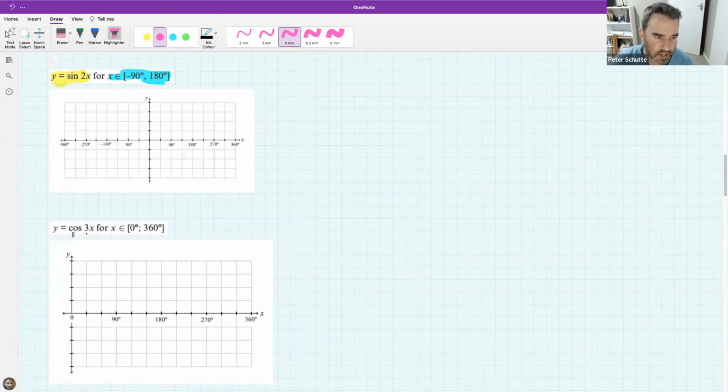And then after you've done that, I want you to draw the graph of y equals cos 3x, on the domain 0 to 360. Okay, over to you. I will bring the calculator back in a moment, but I want to see if you can fly solo for this one. Think about how the period of the normal sine graph changes, and then how the step size changes, and then think about that for this one here too.